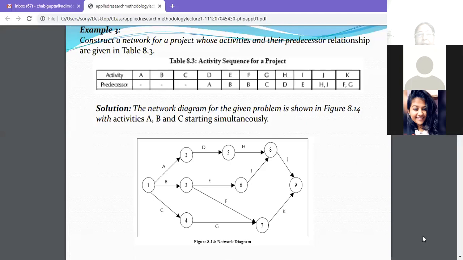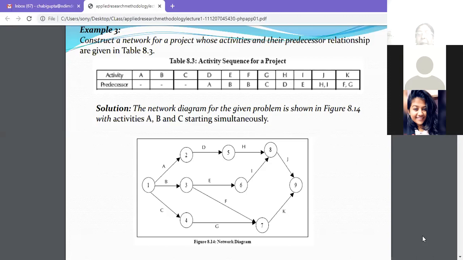Okay, ma'am. And G comes from C. Move on, take G out of C. See the whole diagram should be symmetrical. You have to first draw and then redraw. 2 or 3 times you will draw so that you get the symmetrical diagram.